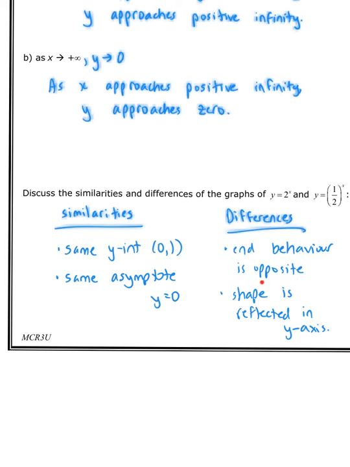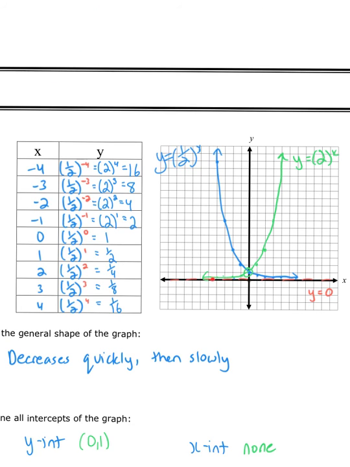So let's revisit the graph just to talk about this last point. So here I have the first graph, the exponential growth in green and the exponential decay in blue. And what you do notice is that they are reflected in the y-axis. What you could also notice is if you take the equation for the exponential decay, 1/2 can be written as 2 to the negative 1, and that has the exponent x.